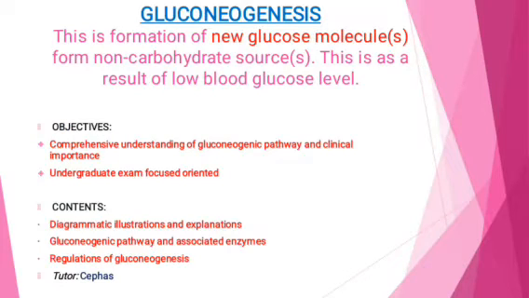So, what is gluconeogenesis? It is the formation of glucose molecules from non-carbohydrate sources. This is as a result of low blood sugar. Now, we primarily know that the primary source of glucose to the blood, the brain, or the body supply is carbohydrate.